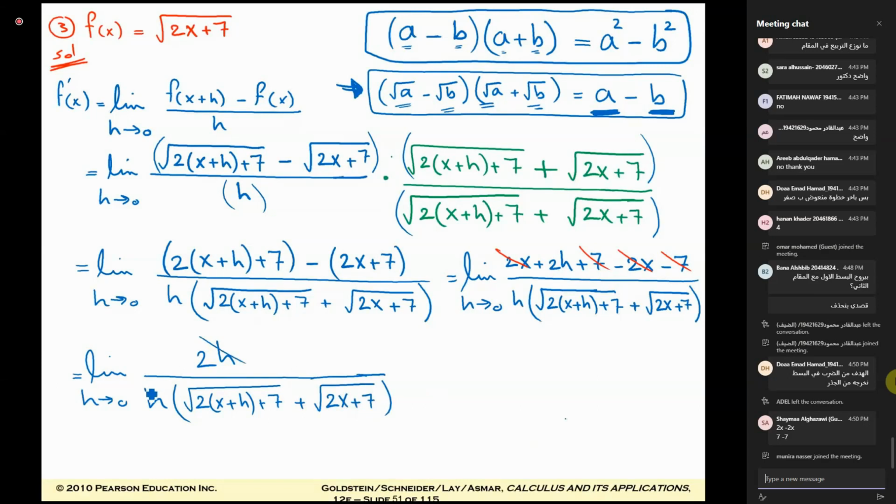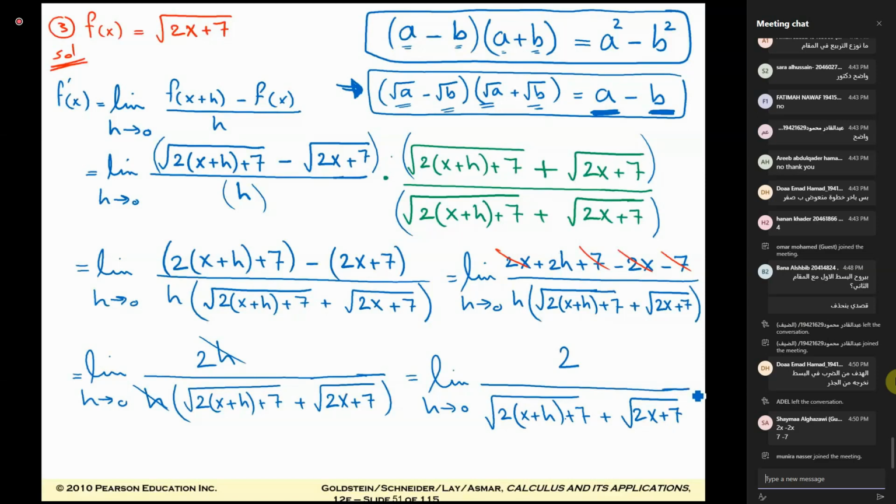Now remove h with h. The fraction becomes 2 over radical 2x plus h plus 7 plus radical 2x plus 7.